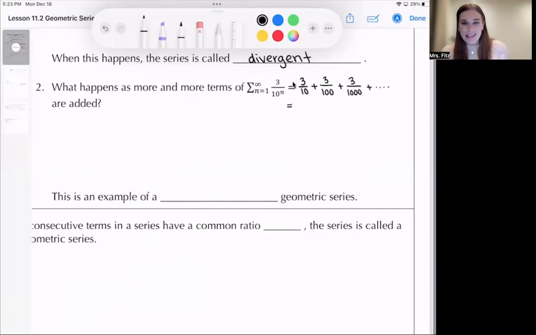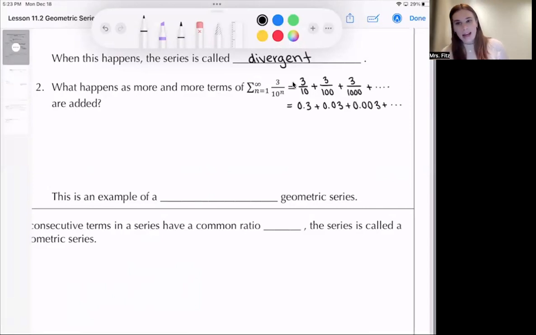Well, 3/10 is 0.3, right? Plus 3/100 is 0.03, plus 3/1000 is 0.003, plus dot, dot, dot. Well, this is interesting.